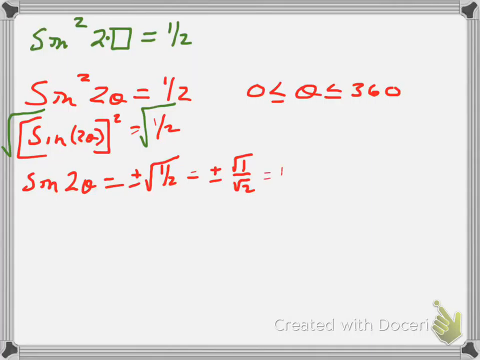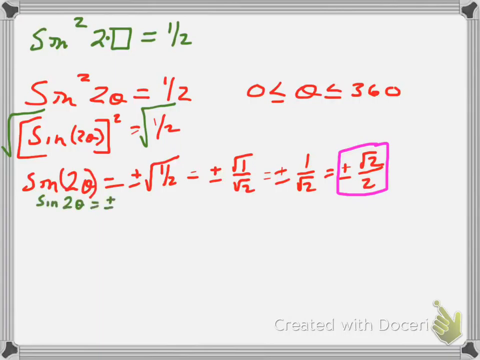Root 1 is 1. And when we rationalize the denominator, we would get root 2 over 2. Skill that we learned first semester. So our equation at this point is sine of 2 theta equals plus or minus root 2 over 2. So that was step 1, taking the square root of both sides.